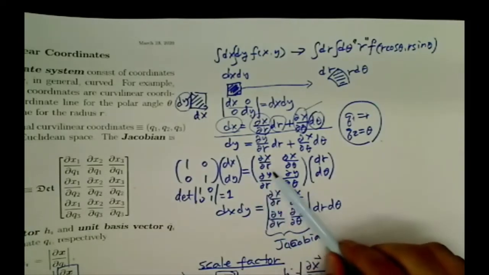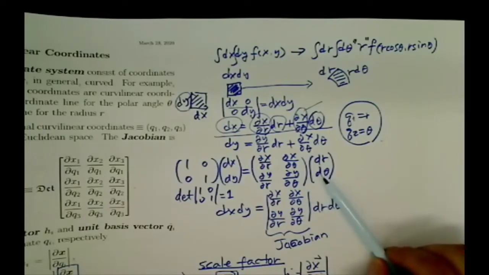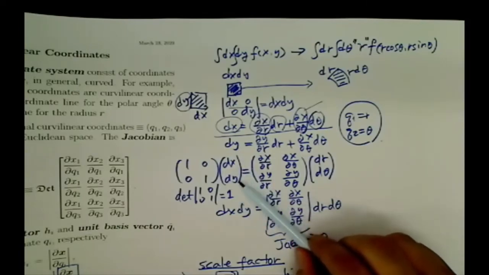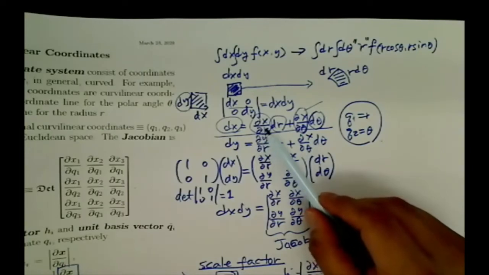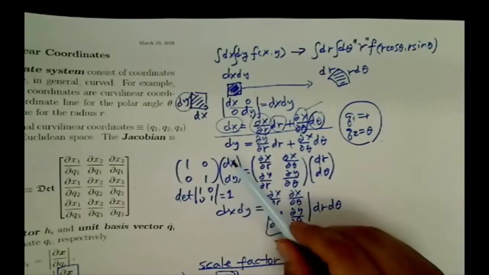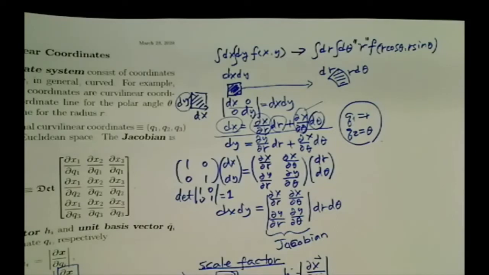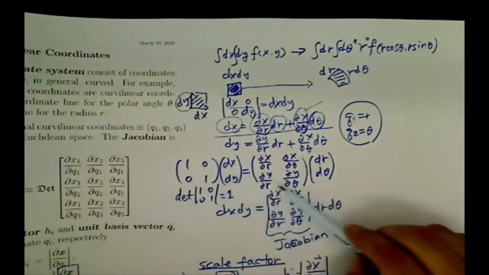This dx and dy can be expanded in this way, and we have combined these two here. In the Cartesian coordinates, this determinant is just 1.